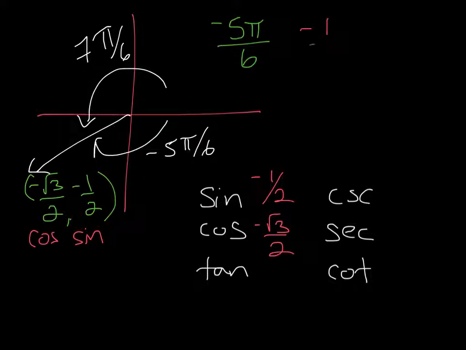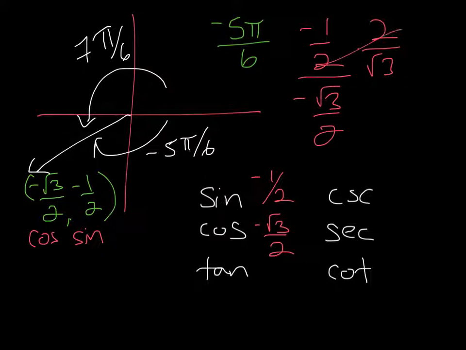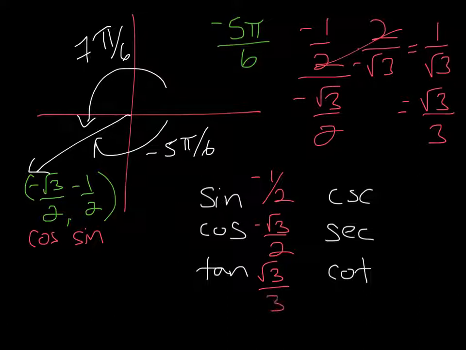So it's going to be negative 1/2 divided by negative root 3 over 2. And I flip and multiply, so negative 2 over negative root 3. The negatives cancel. Negative divided by negative is positive, so I get 1 over root 3. But again, I can't leave that square root in the denominator, so I end up getting root 3 over 3. So it's going to be positive root 3 over 3.